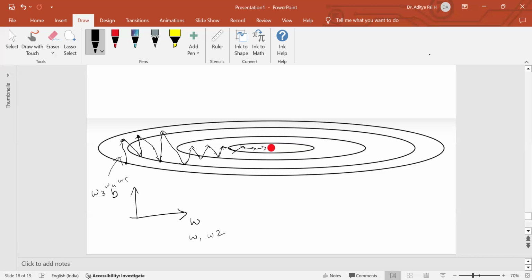So there will be multiple parameters being considered, but for simpler understanding we are taking only two parameters, W and B. W is the horizontal direction, and B is the vertical direction.